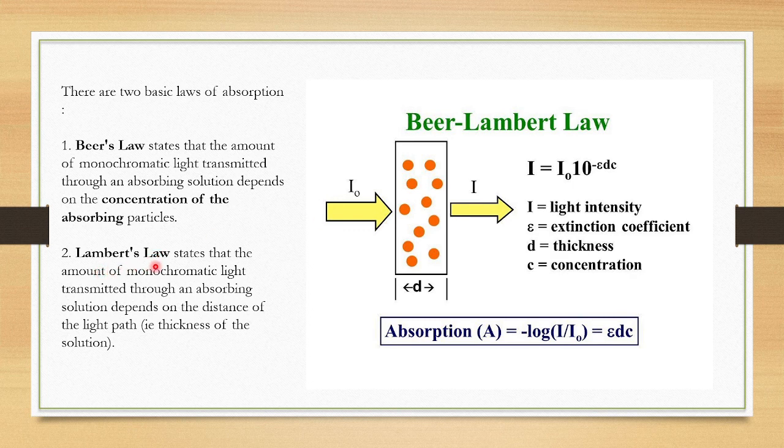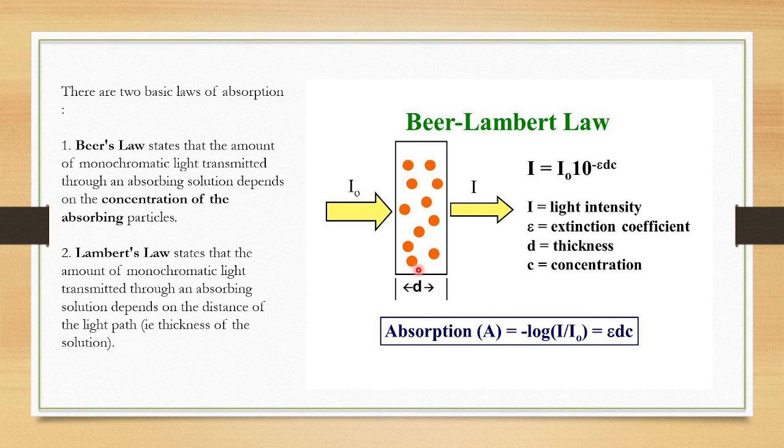And there is Lambert's law, which states that the amount of monochromatic light transmitted through an absorbing solution depends on the distance of the light path or the thickness of the solution. So here the monochromatic light passes through a solution, and this is the distance. The intensity of light also depends on the distance of the light path or the thickness of the solution.